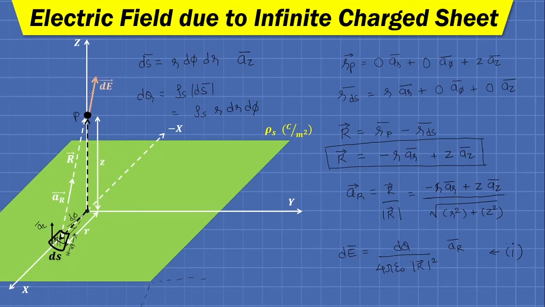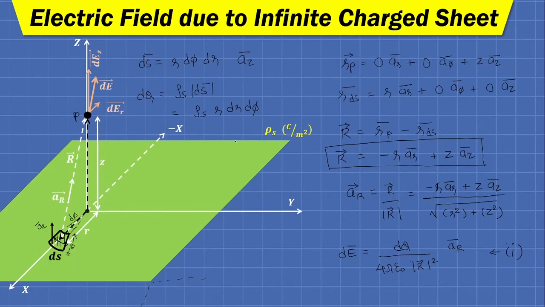So putting all the values, here we can represent the direction of intensity due to ds on point P, and we are going to divide that intensity into two components. One component along the direction of R and the second component along the direction of Z. Fine.